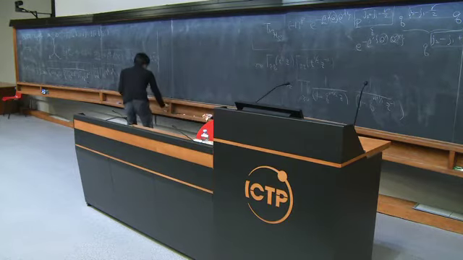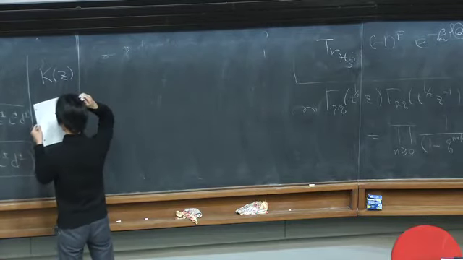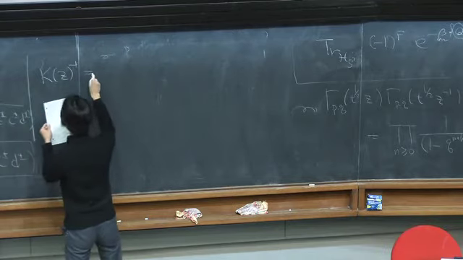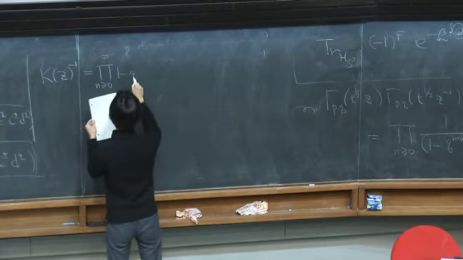So kz inverse is the following, again, a single infinite product.